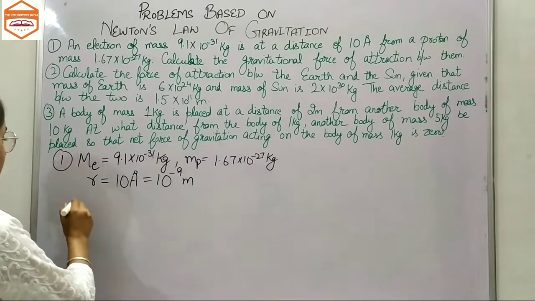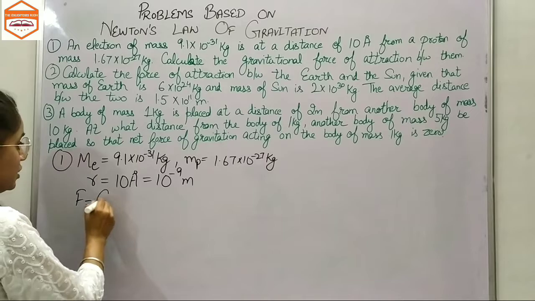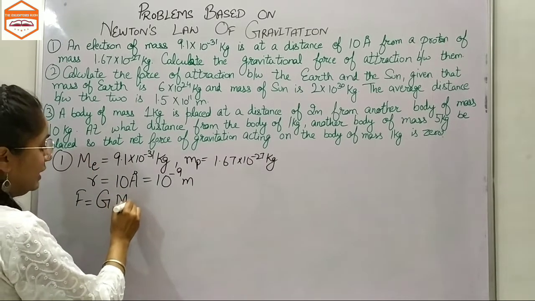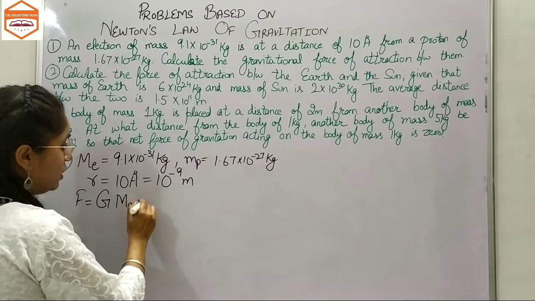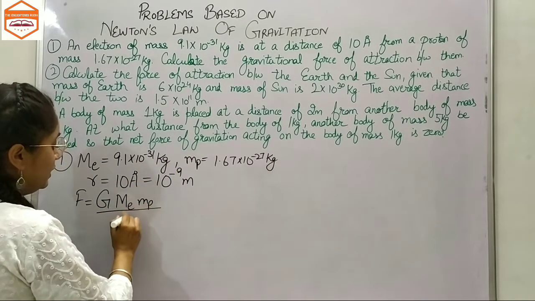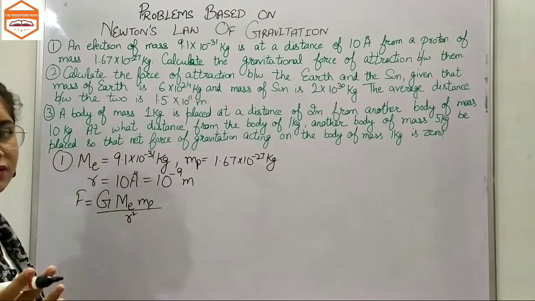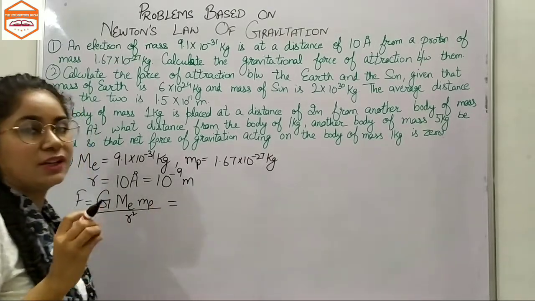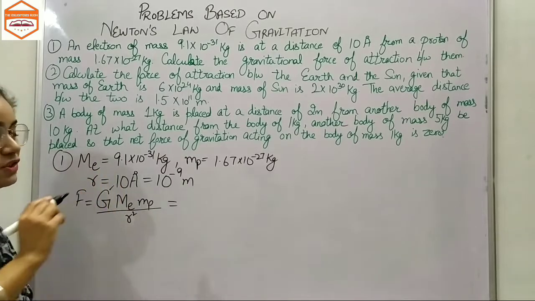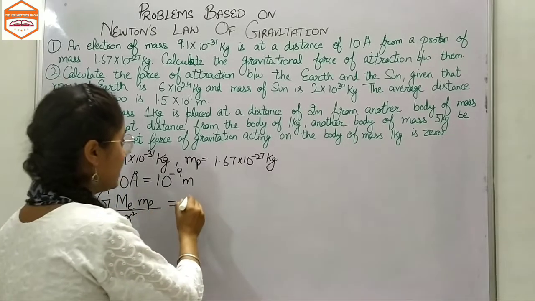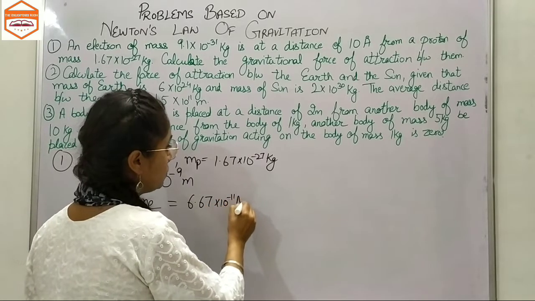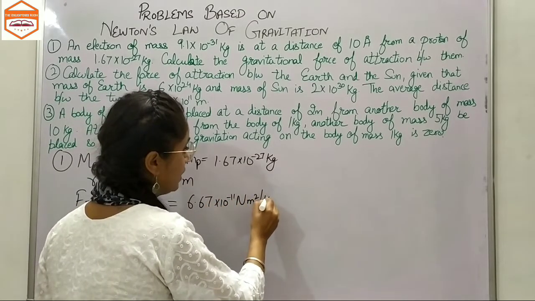Now you all remember the formula, F = G m1 m2 over r squared. In place of m1 we have m_e, in place of m2 we have small m_p, over r squared, or if you want to write d, then it is d squared. We all know the value of the universal gravitational constant, and that is 6.67 × 10^-11 newton meter squared per kilogram squared.